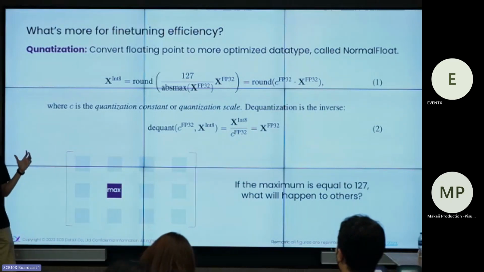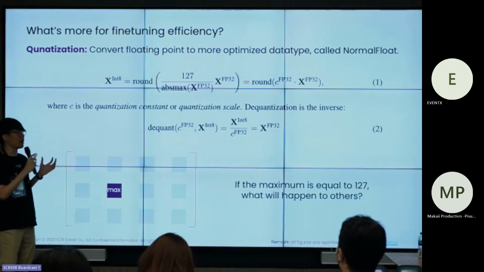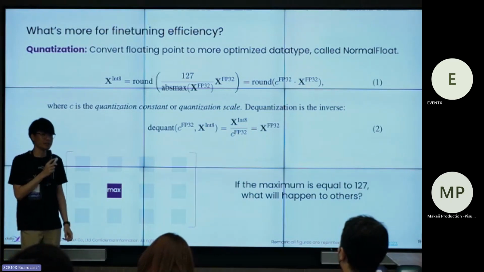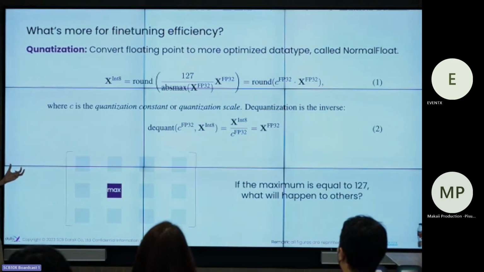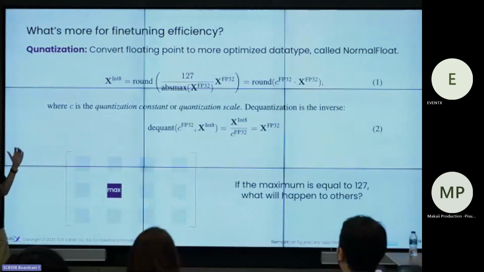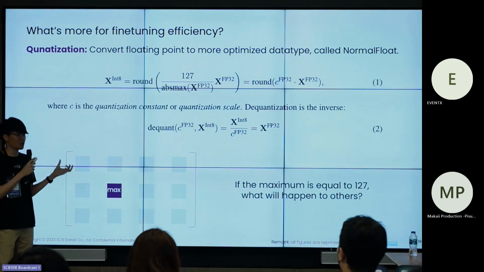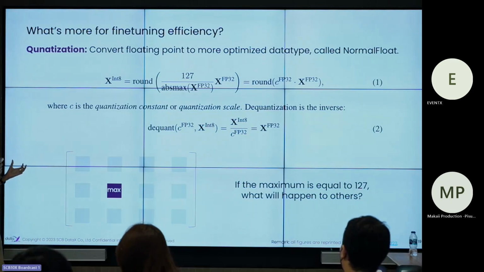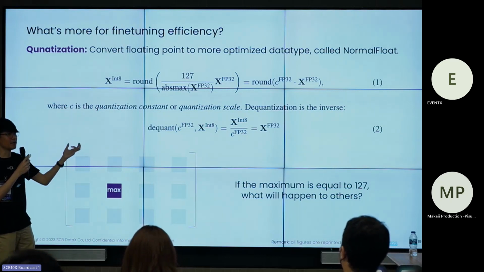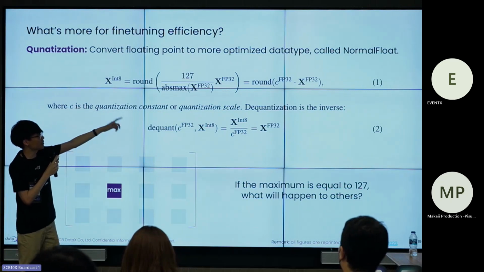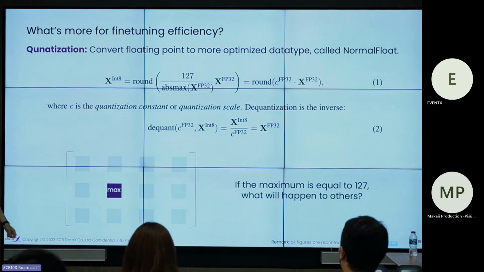Basically, instead of representing the weights of the model in a data type like float 32, which uses a lot of memory, we can quantize, or transform, them into a smaller memory requirement. For example, you can transform the weights of the model from float 32 into int 8, something like that.